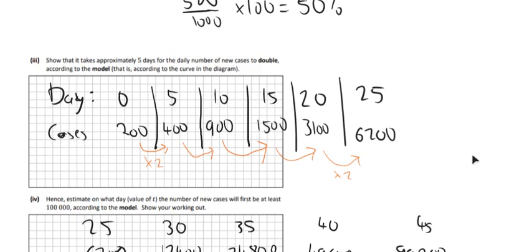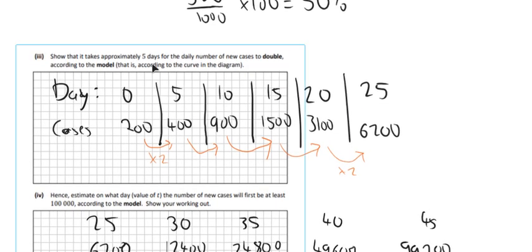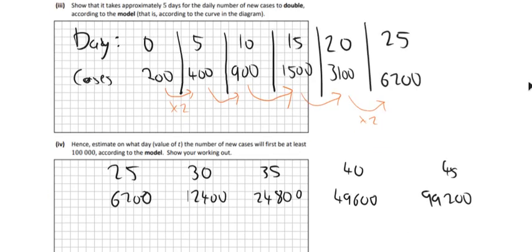Now they want, I'm reading the wrong question. So estimate on what day the value of t, the number of new cases will first be at least 100,000 according to the model. Well, it's not 100,000 yet, so on day 45 it's only 99,200.